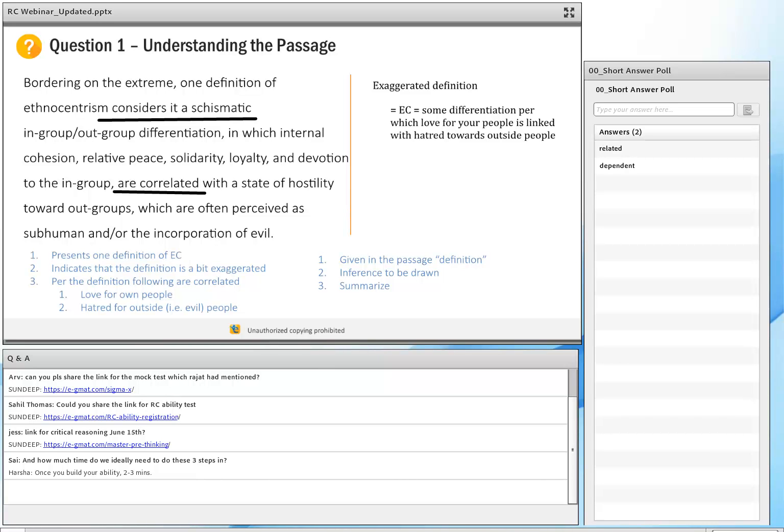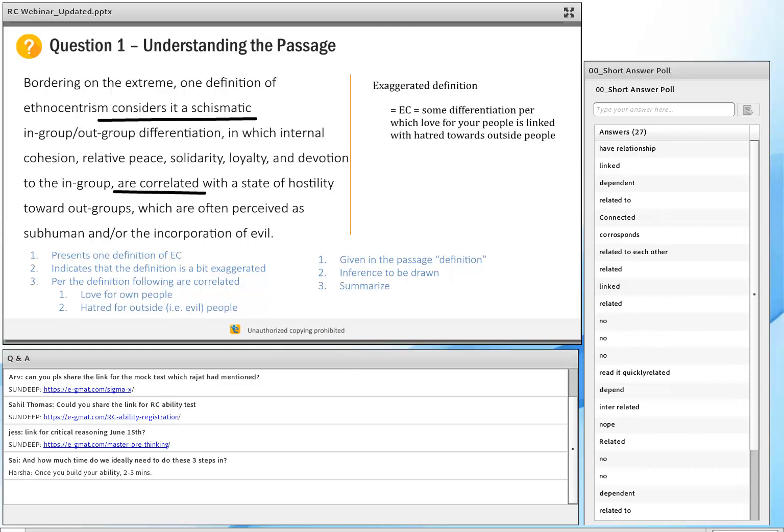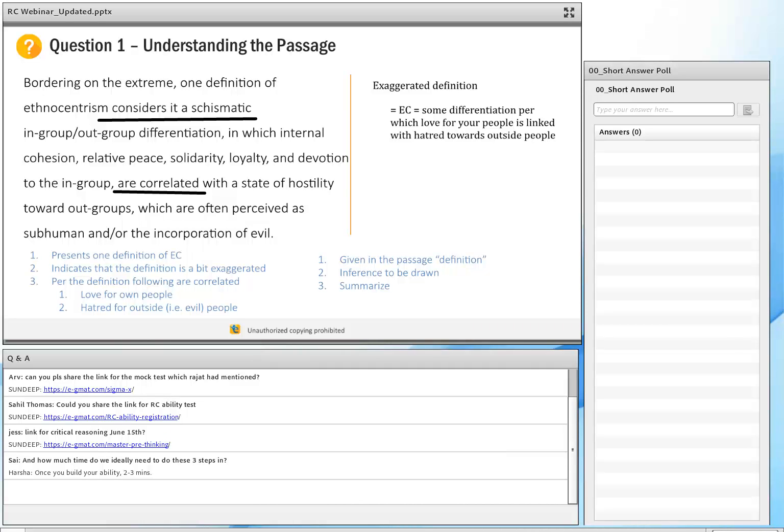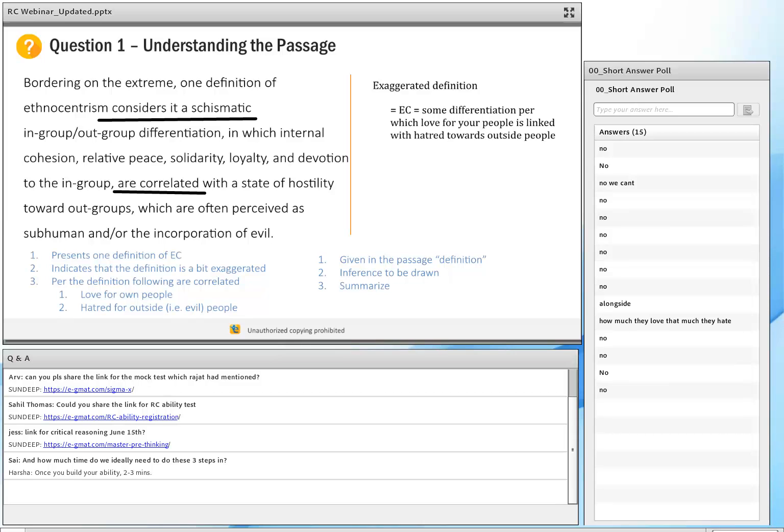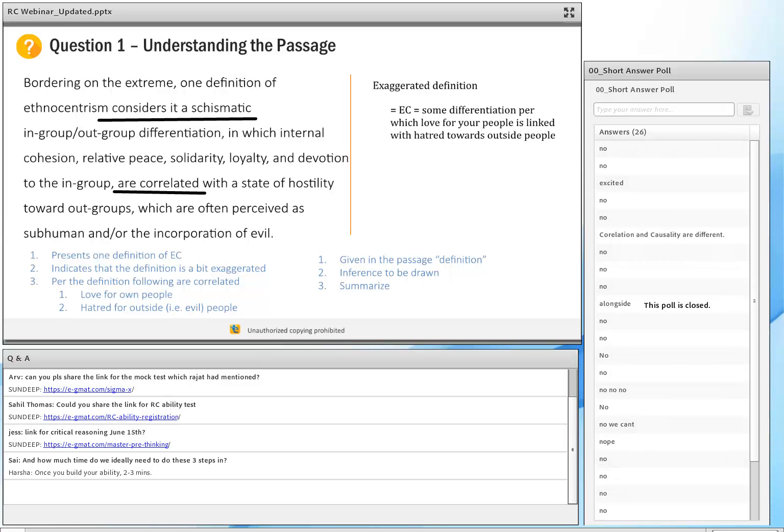They are related, but does it mean that one causes the other? No, it doesn't mean that. So can you really say that EC encourages hostility? If they're considered to be correlated, can you say that EC encourages hostility? No, you can't.